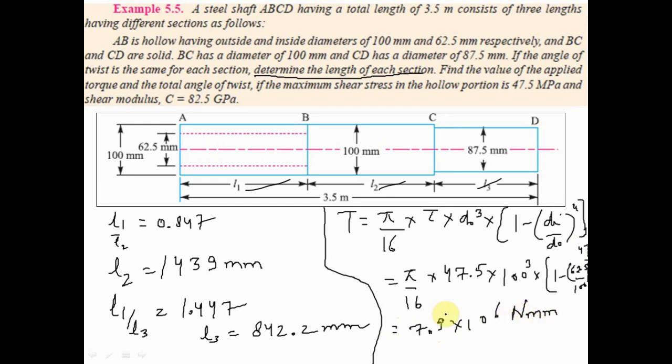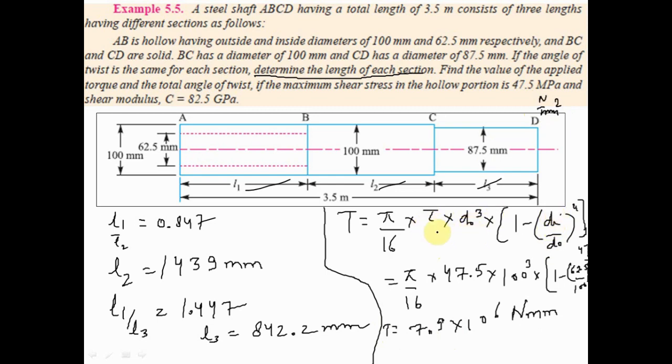You have to be careful with the units, because here tau is in megapascal, and megapascal is directly Newton per millimeter square. You multiplied by millimeter to the power 3, so it became Newton millimeter. Since di by do is dimensionless, the only unit will be based on these.